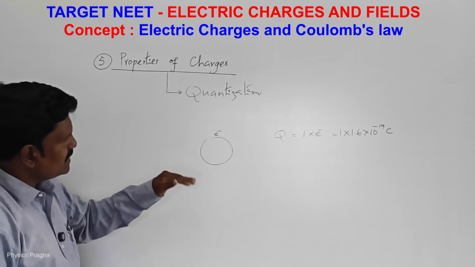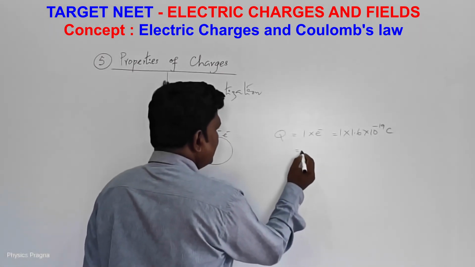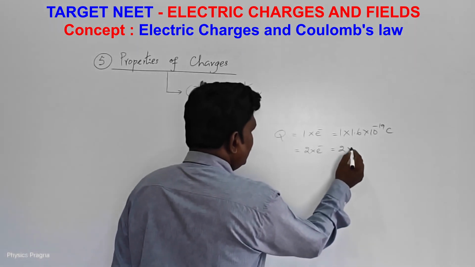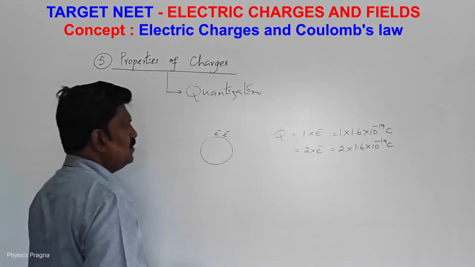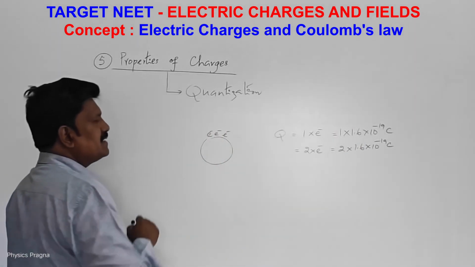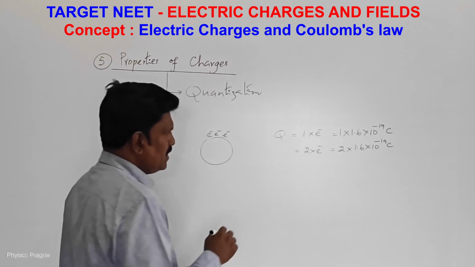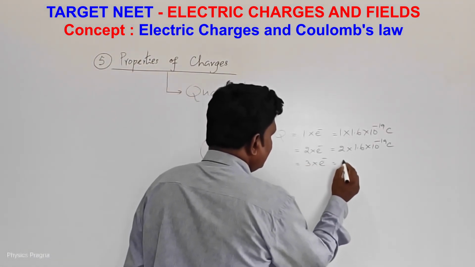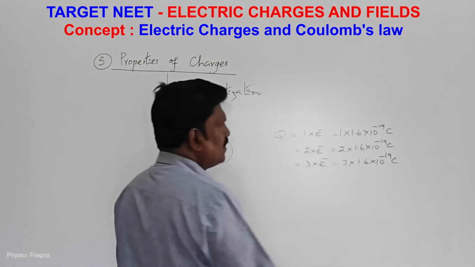If I further supply an electron, so two electrons are there, then charge is equal to 2 times the electron charge, so 2 into 1.6 into 10 to the power of minus 19 coulombs. If I give 3 electrons, that is 3 into e, which is 3 into 1.6 into 10 to the power of minus 19 coulombs.